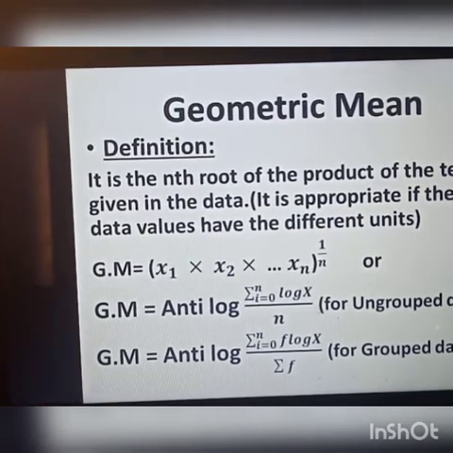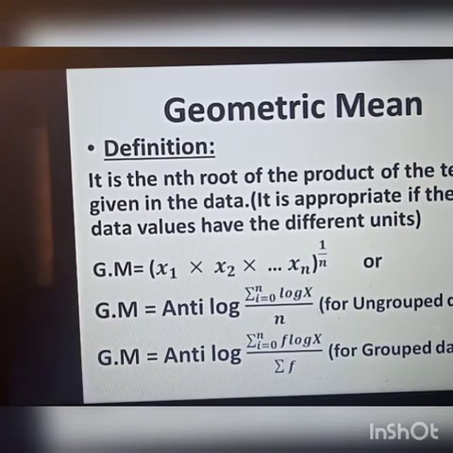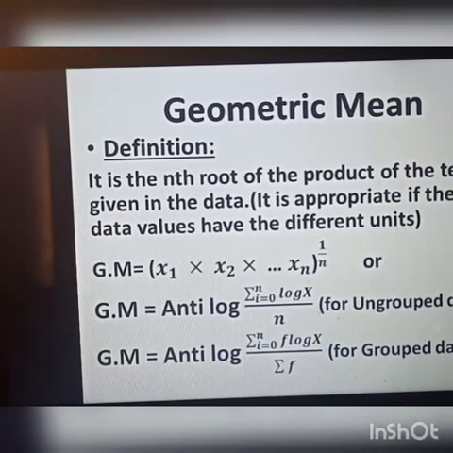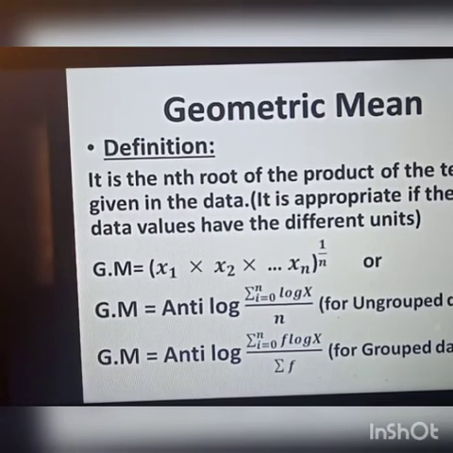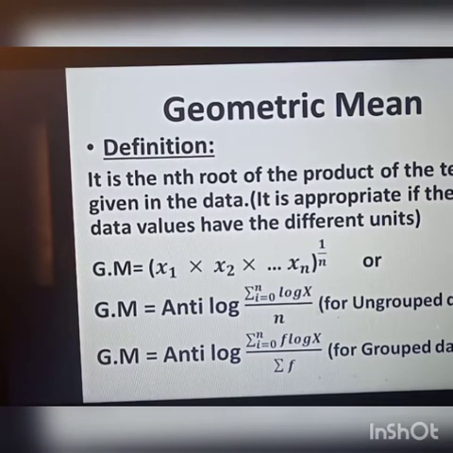Whenever powers are involved and they are a little difficult, to make it simple we use logarithms and anti-logarithms. So the formula which is more appropriate and easy to use to make the calculation easier is anti-log of the sum of log of x divided by n. This is for ungrouped data. And for grouped data, what's the difference? Just see the slight difference.